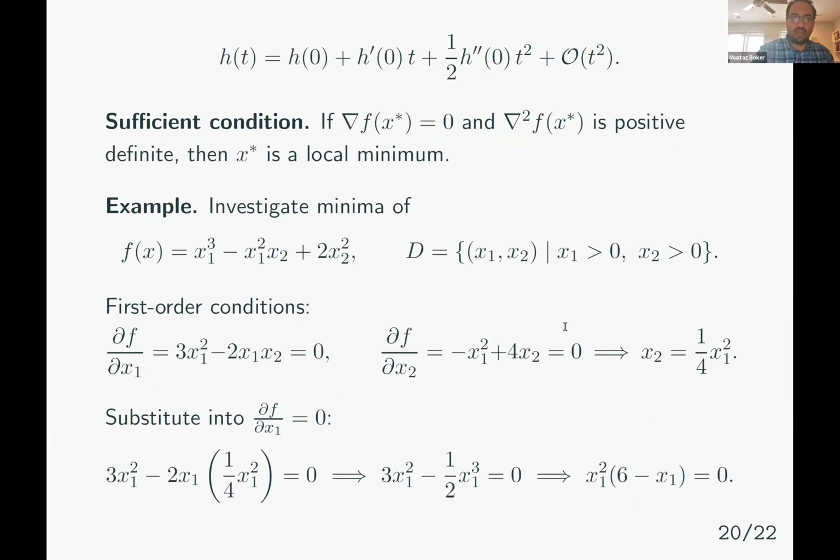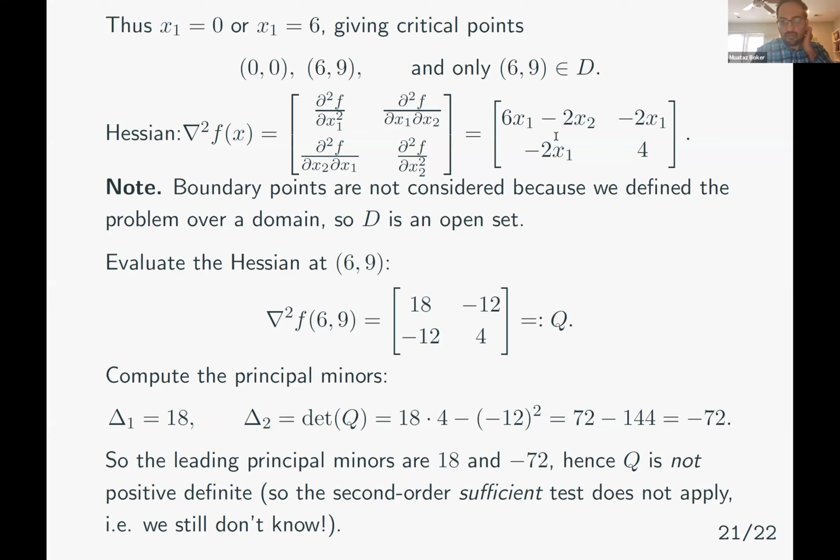Now, according to this sufficient condition, we need the Hessian to be positive definite. There is a way to see whether a matrix is positive definite by looking at the leading principal minors. They need to be positive. For a 2 by 2 matrix, the leading principal minors are this element here, 18, and the determinant of this matrix.